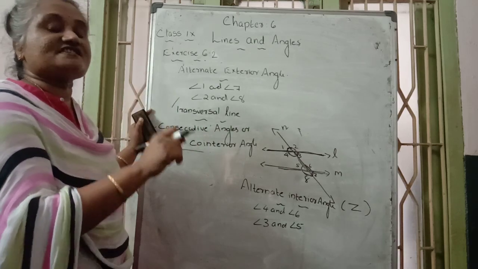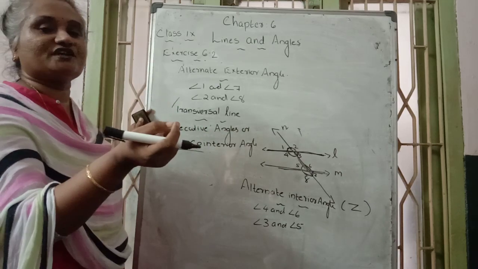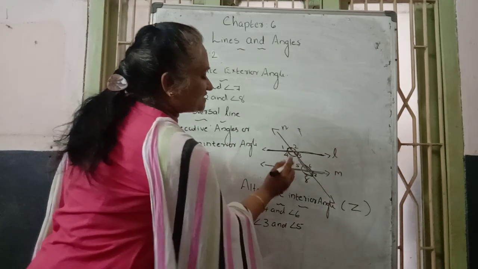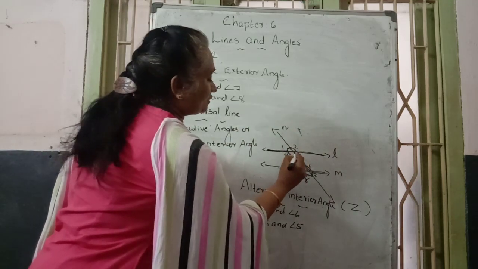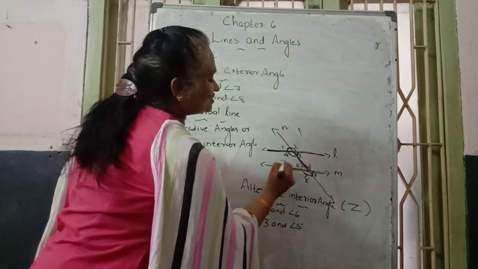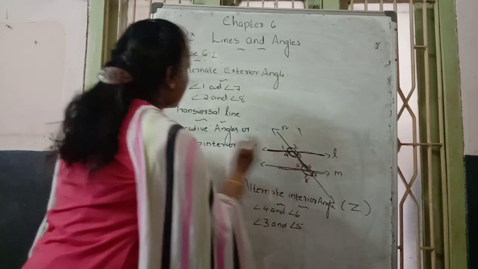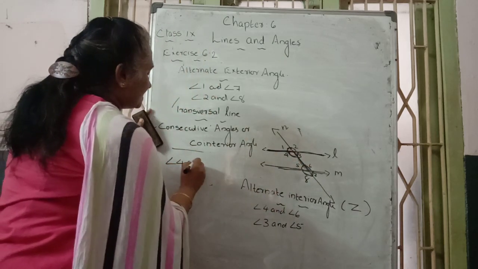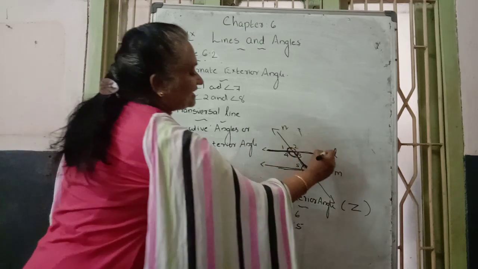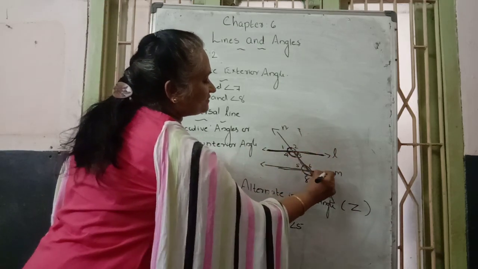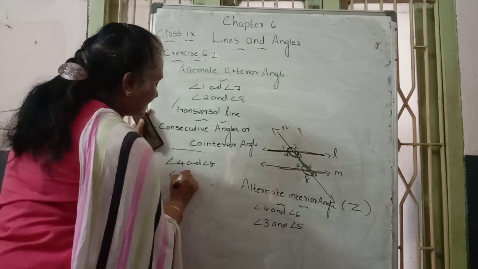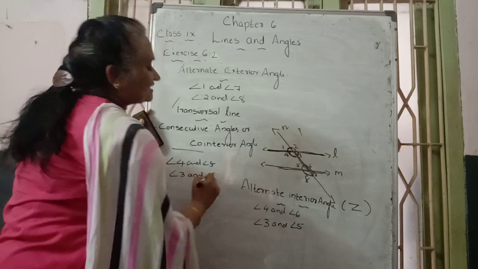Interior means inside: angle 4 and angle 5 are the left side angles, and angle 3 and angle 6 are the right side co-interior angles.